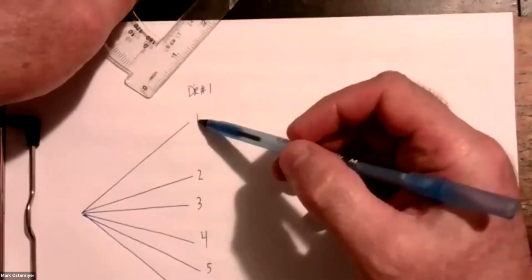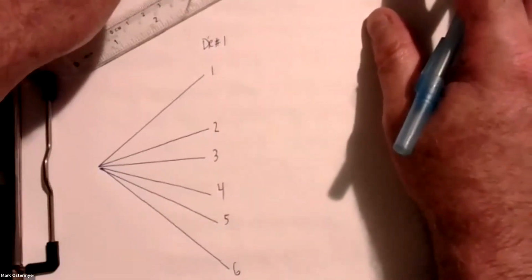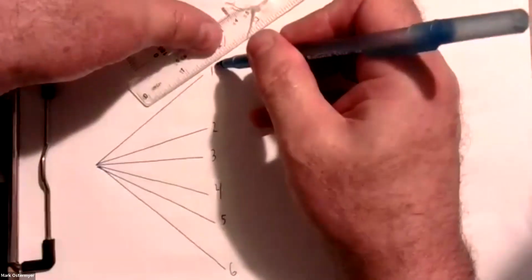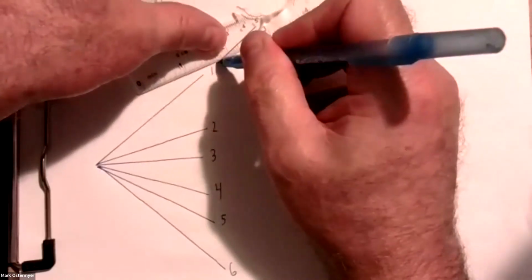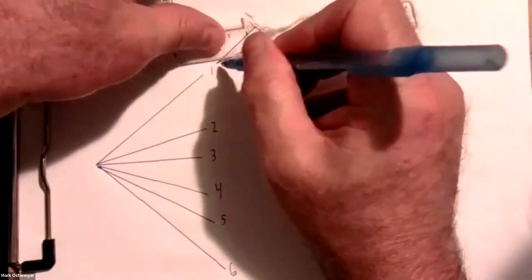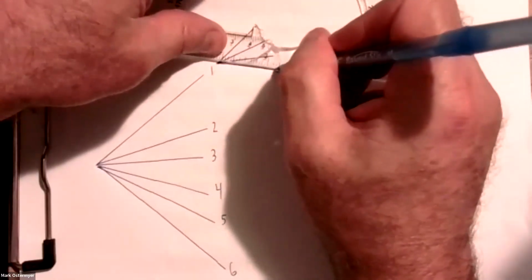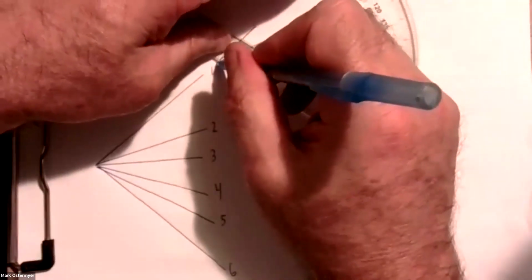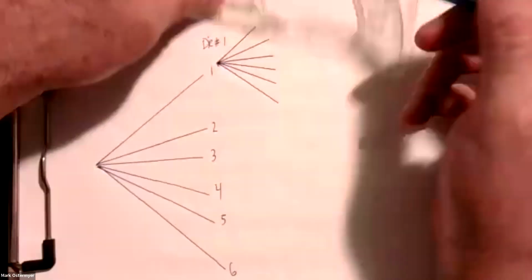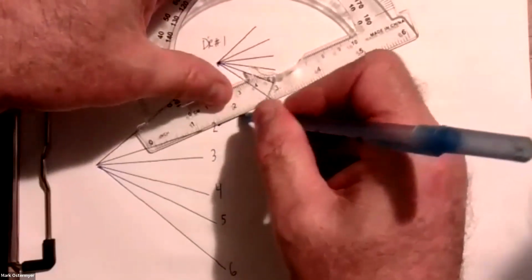But then you're going to have 6 branches emanating from each of these branches. You can see how this is starting to get out of hand very quickly. But you got to have 6 coming out of this guy too.